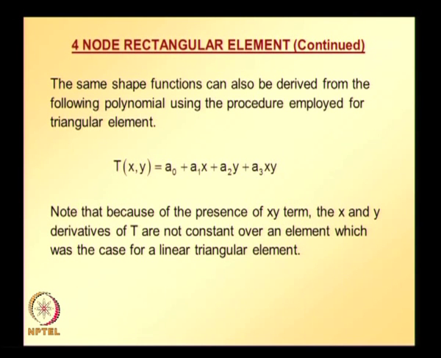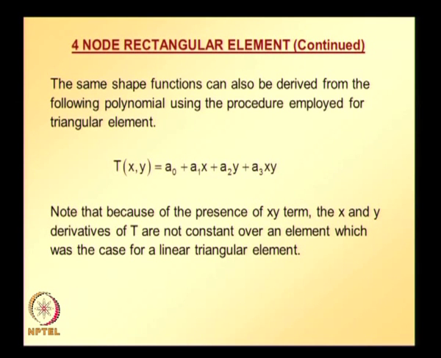But now for this 4 node quadrilateral element, one way of deriving shape functions is starting with the Lagrange interpolation formula, or the other way is by starting from a polynomial like this. And if you start with a polynomial like this, you can see there is a presence of this xy term. Please note that the terms 1, x, y, xy are coming from Pascal's triangle.